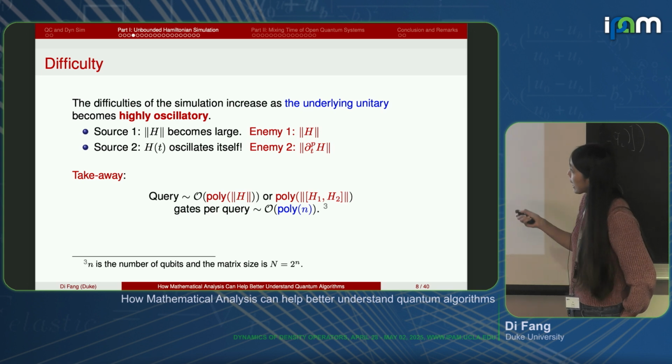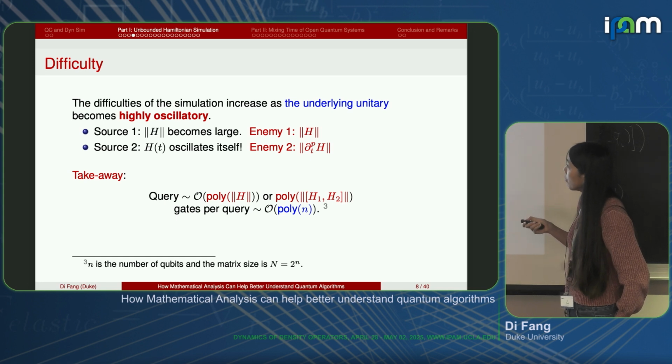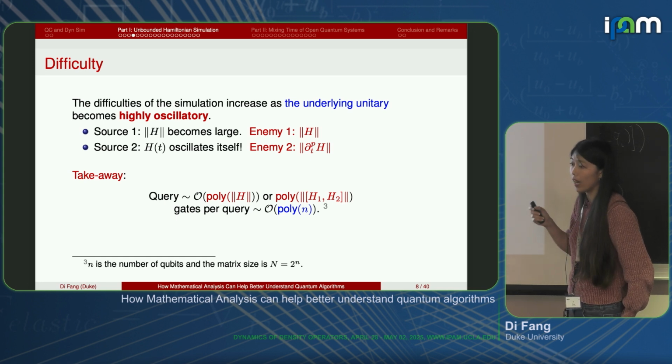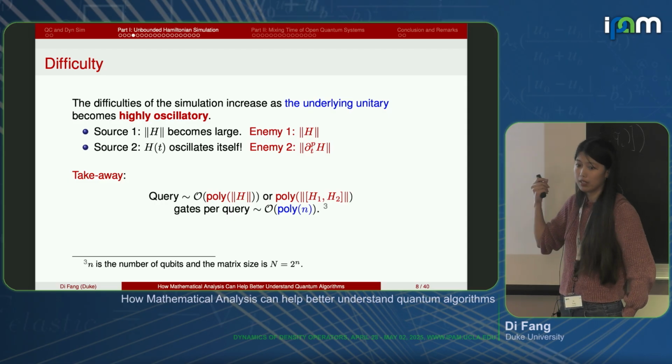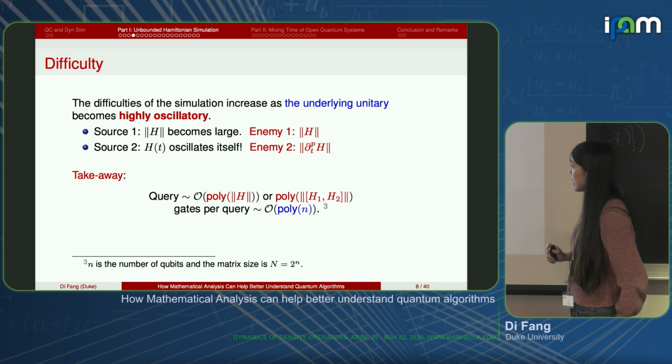So a major takeaway of all of the existing algorithms is that the query complexity, if we look at the worst case scenario or the typical error bounds, will always rely on certain polynomial of the Hamiltonian or polynomial of maybe the operator norm. Nevertheless, there is some operator norm getting involved.